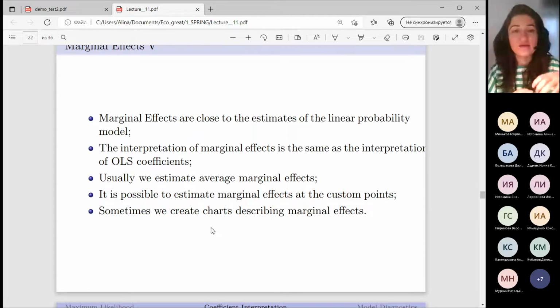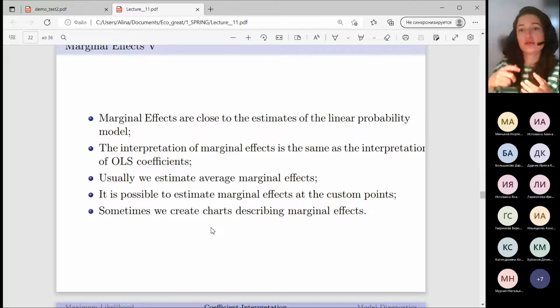The idea behind the marginal effects is very close to the estimates of the linear probability model. Again, you want to find how a one unit increase in an x variable changes the value of your dependent variable. In our case, it changes the probability that our variable equals 1 or equals 0.